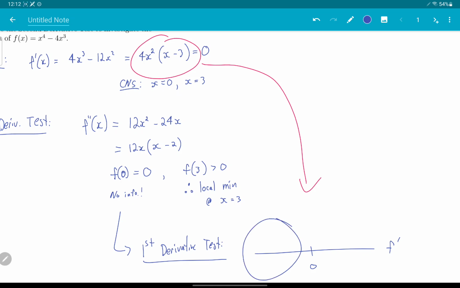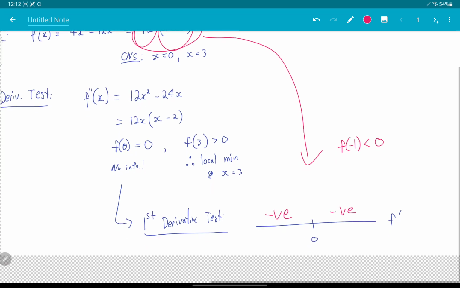So if I plug in, say, -1, f prime of -1, I get positive times negative, so that's less than 0. And if I plug in, say, f prime of 1, you get positive and negative again. So this is negative, negative, negative.